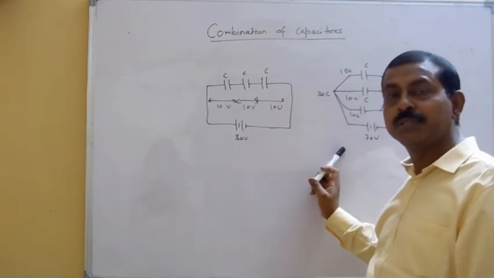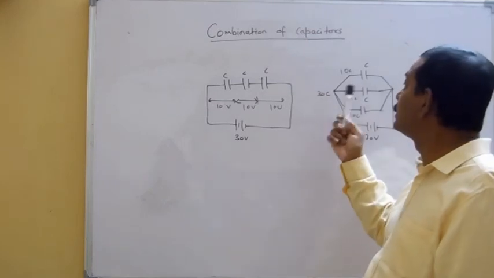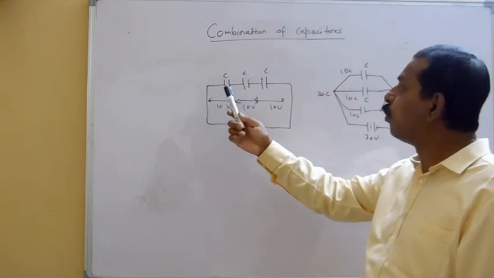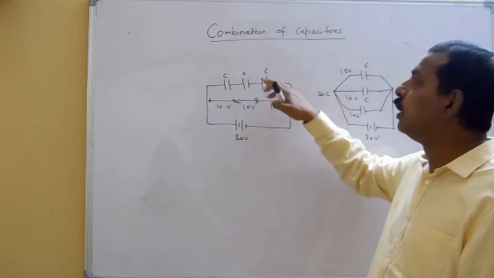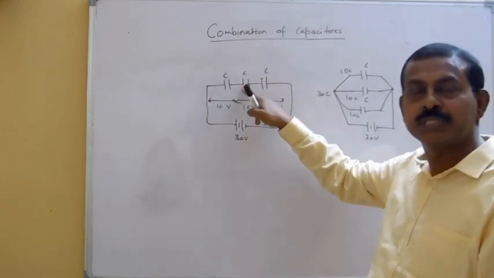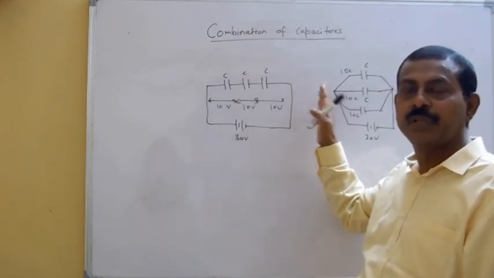These are the different charges flowing through the capacitor. So obviously it is not in series. Here you can see whatever charge we take which is flowing through these capacitors, it will be same charge which will flow through first capacitor, second capacitor and third. So they are in series.